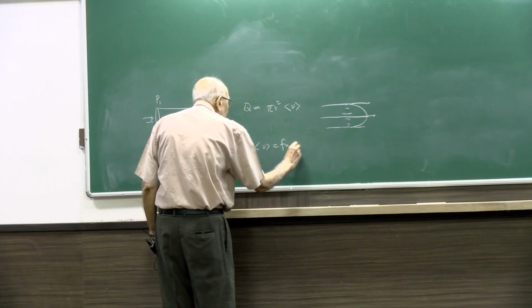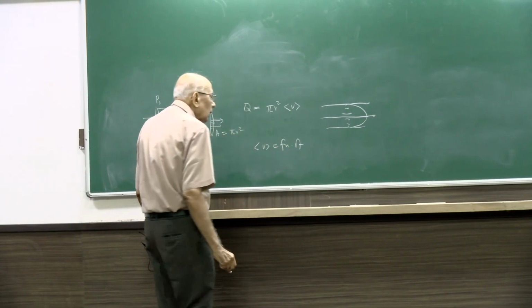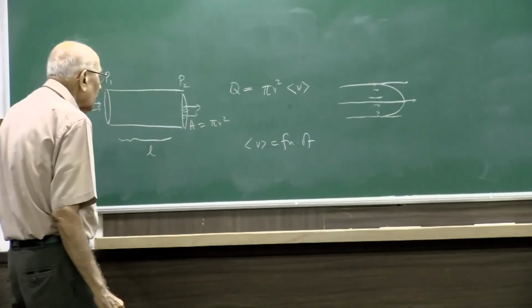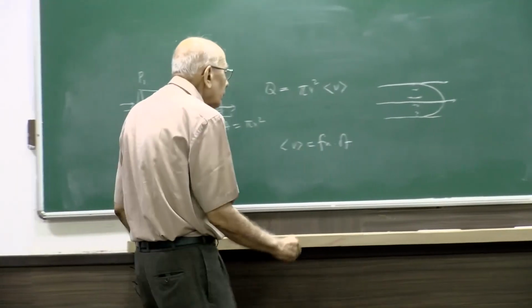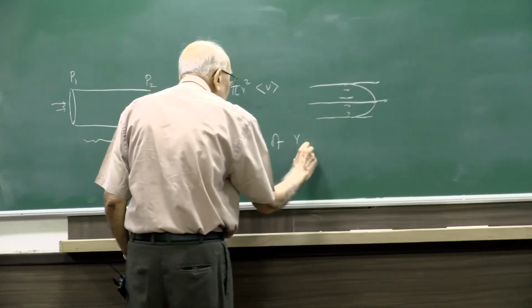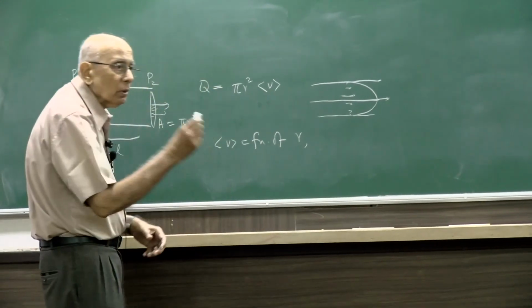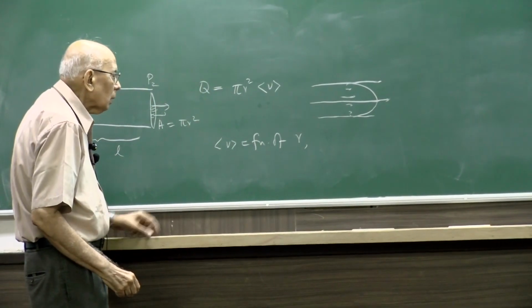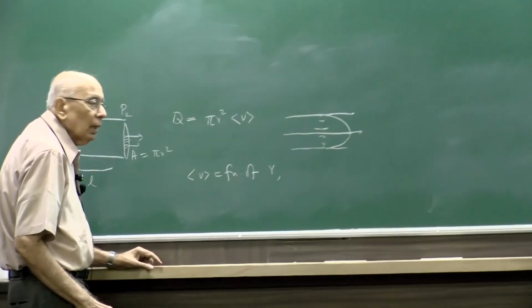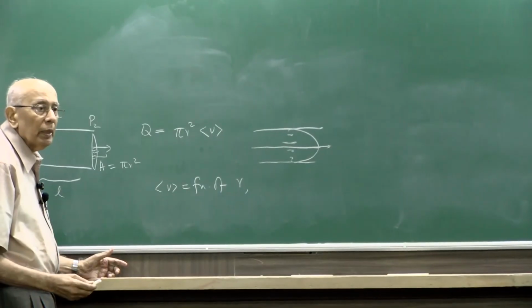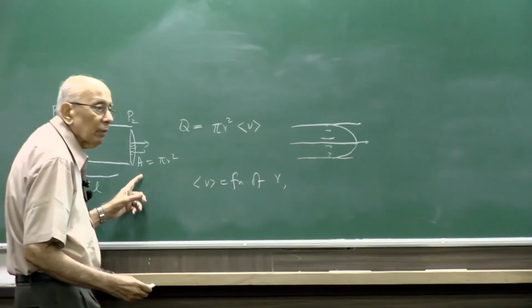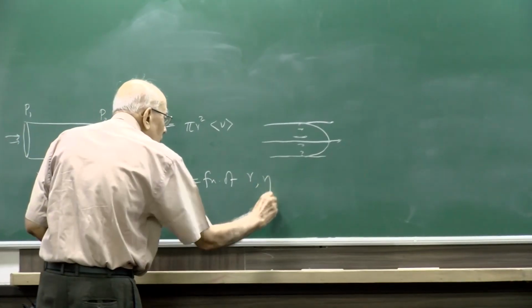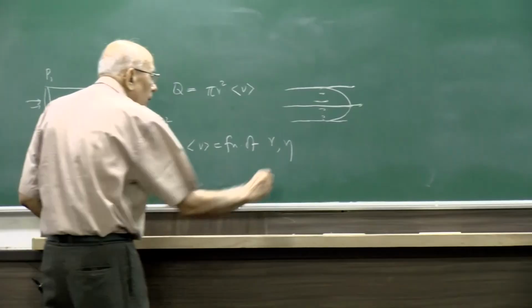We are going to argue that V is equal to a function. What are the quantities it can be a function of? Well, it's going to be a function of r definitely, because the narrower the pipe, the faster it's going to come out. So the average velocity is going to be a function of r. It's going to be a function of the viscosity of the medium. So that's what causes the velocity to change across the cross section.